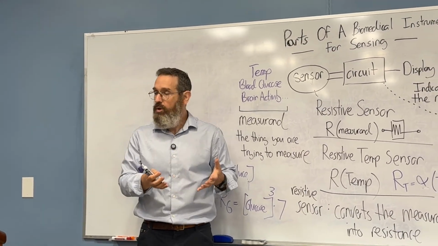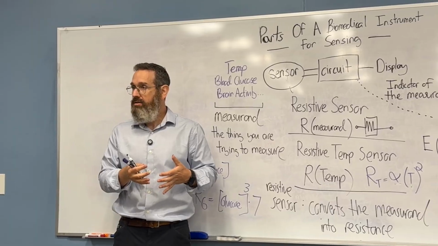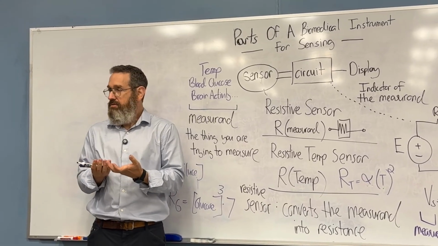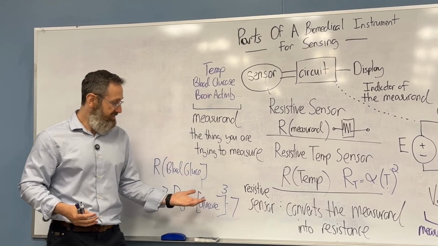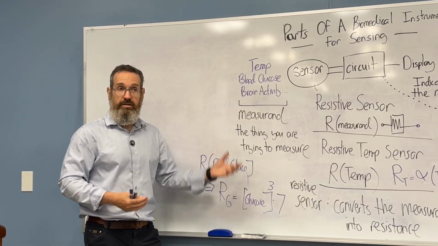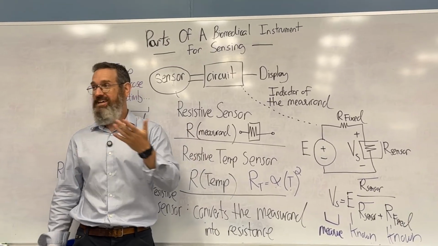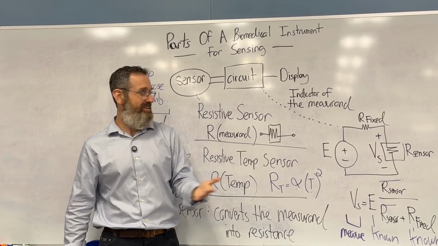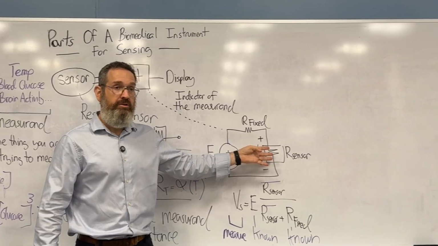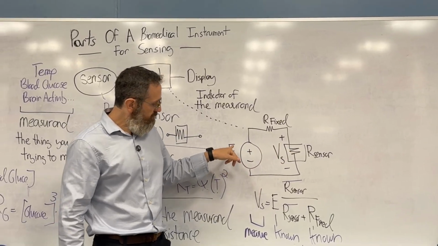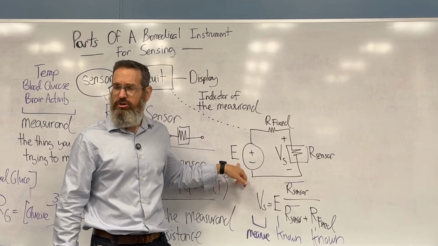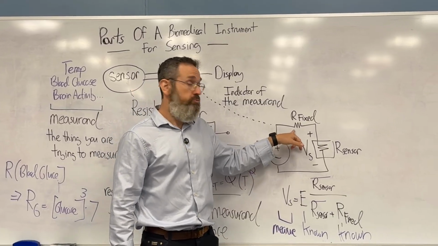If I gave you this sensor and I told you to make a device that could measure glucose, let's say in a liquid, water, or in blood, you have the principles in hand. You would take the sensor, right, and you would put it into a circuit. What circuit? The same circuit. Always the same circuit. The voltage divider, right? Now, pick your battery carefully. We talked about that last time. Pick your resistor carefully.